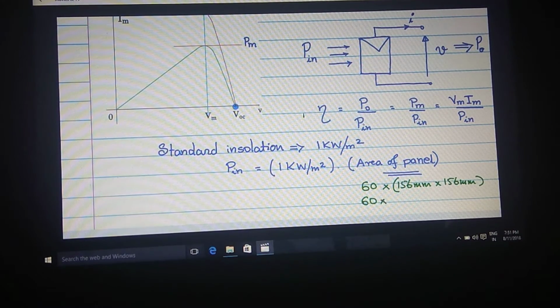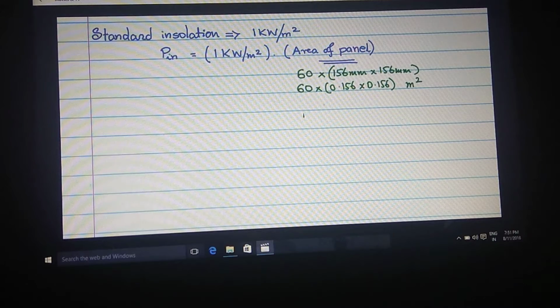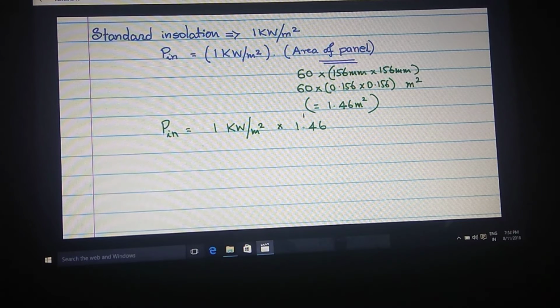So it is 60 into 0.156 into 0.156 meter square. This turns out to be 1.46 meter square. So P in is 1 kilowatt per meter square into 1.46, which is 1.46 kilowatts.